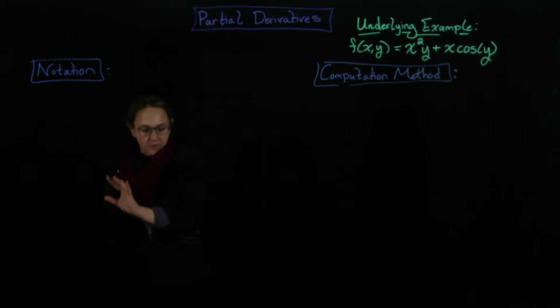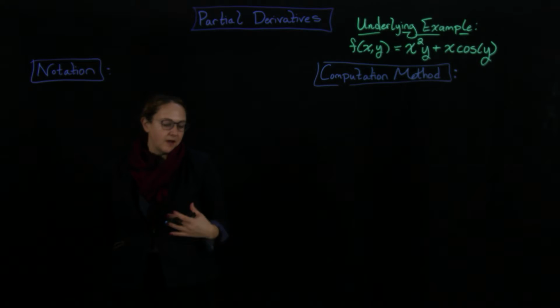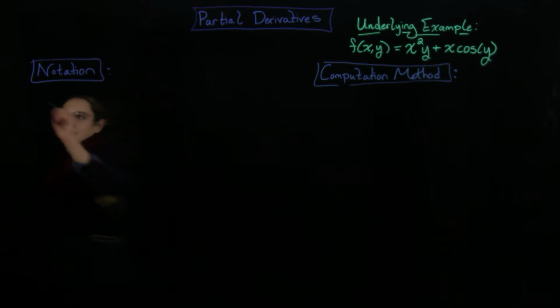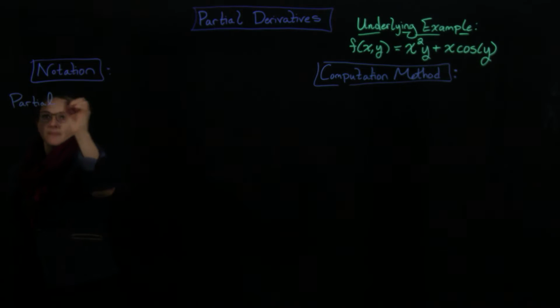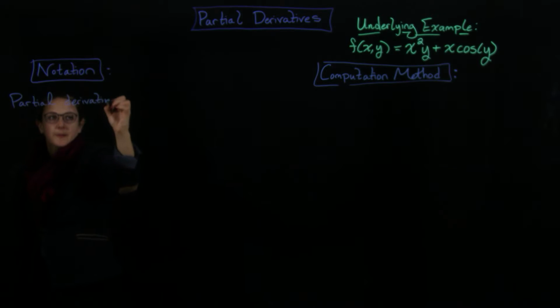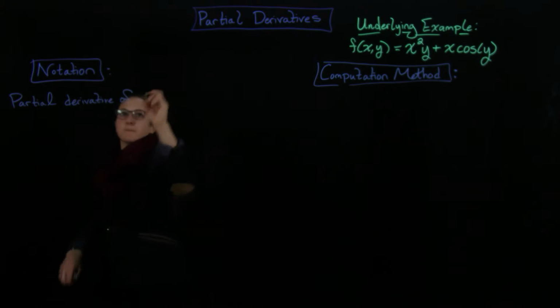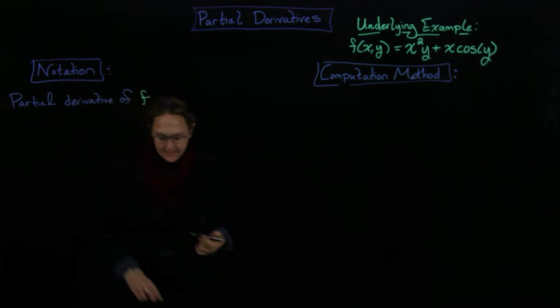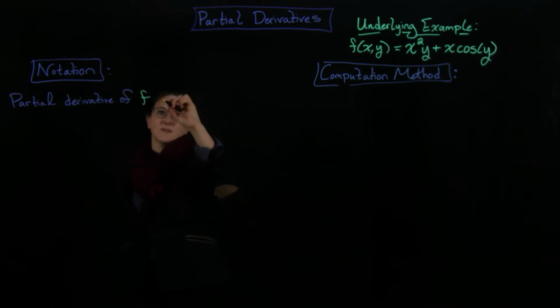Okay, the first one that we're going to go through is the partial derivative of f with respect to our first coordinate, x.